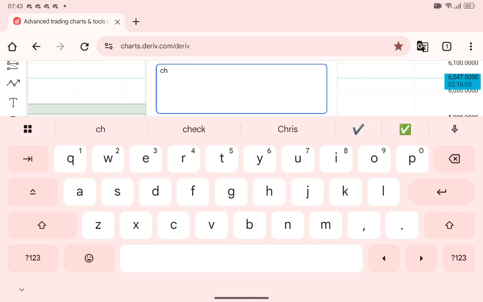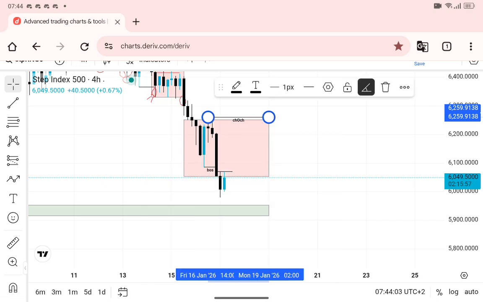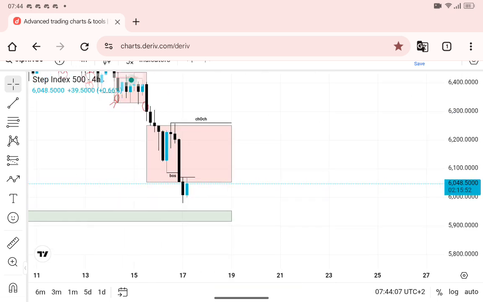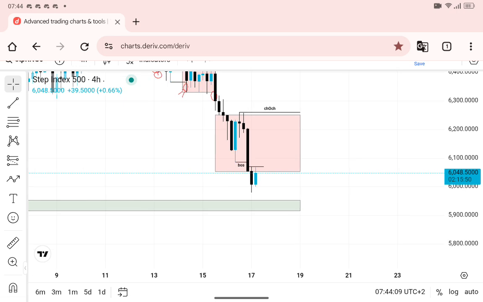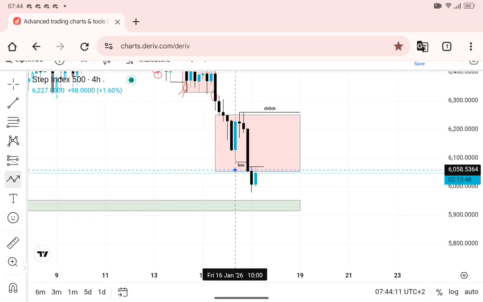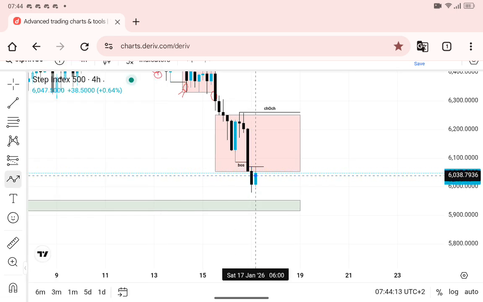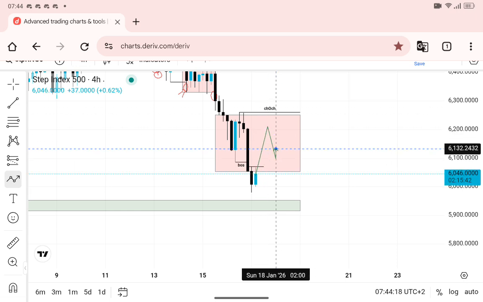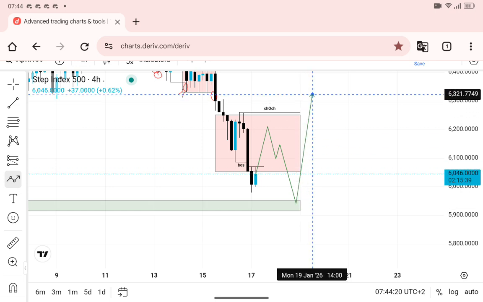So just 1 minute, 1 hour. Okay, so that's when we will have a change of character, right? So that means price is still in a bearish trend. So even here they can fail to break structure, tap around this one, tap here before they shift.